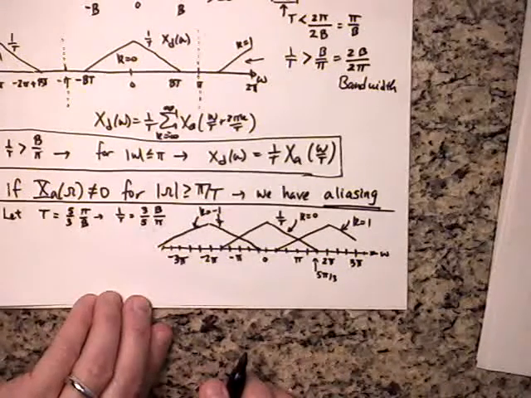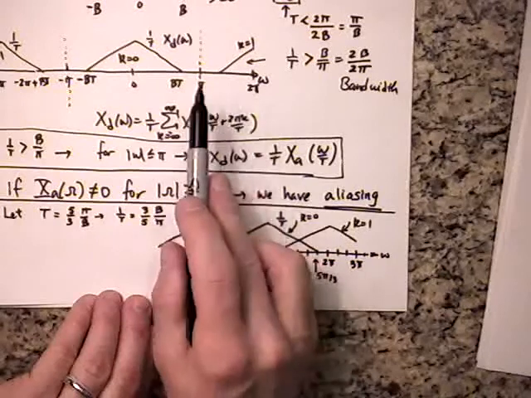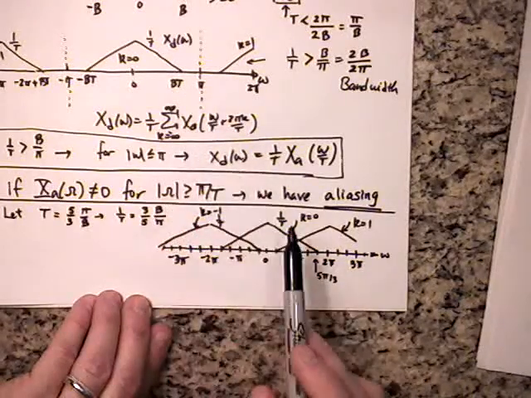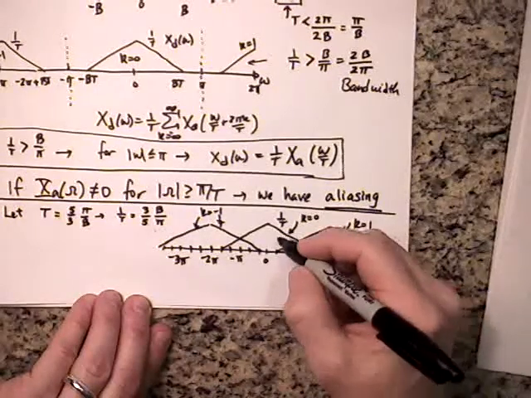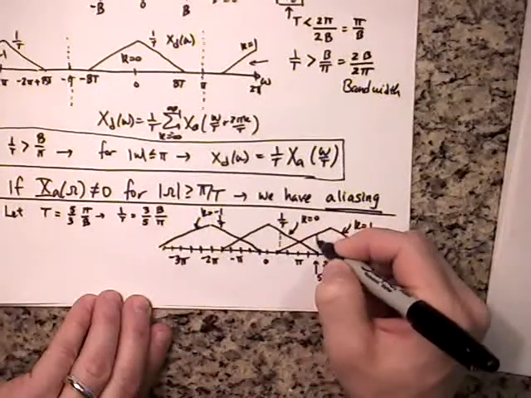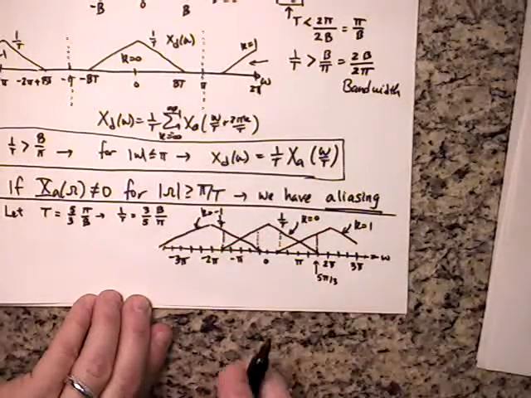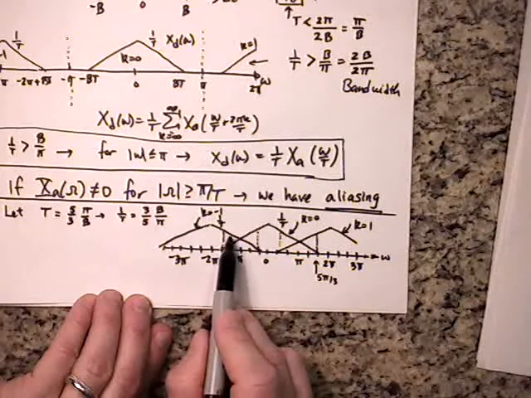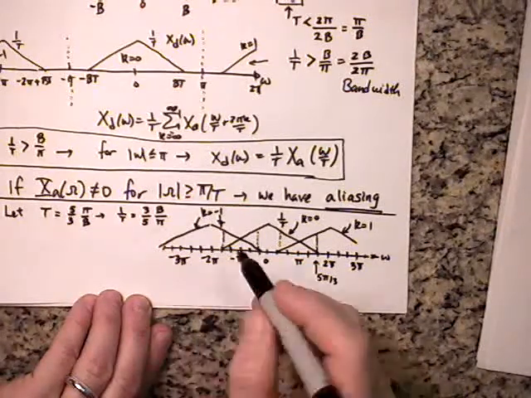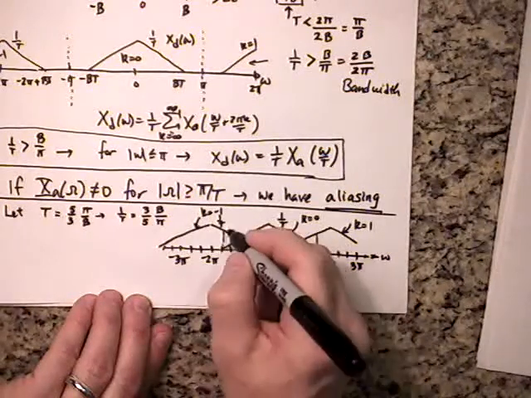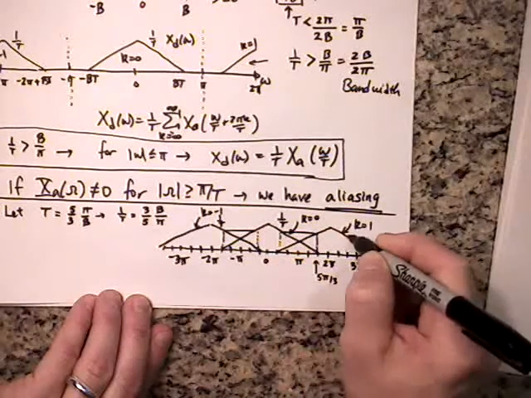So what you notice is we no longer have the case where the copies don't interfere, but instead these two copies are right on top of each other. So in this range here, after sampling, we actually have the superposition of these two spectral components, and because these are nice simple triangles, these two add up to be this nice flat curve going across.